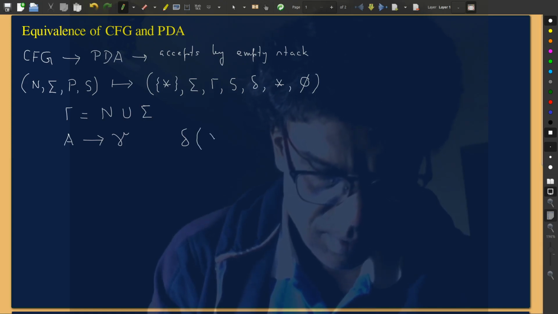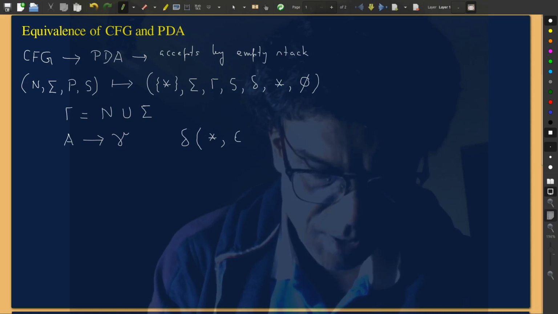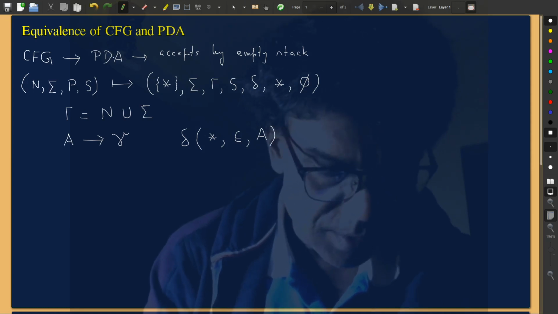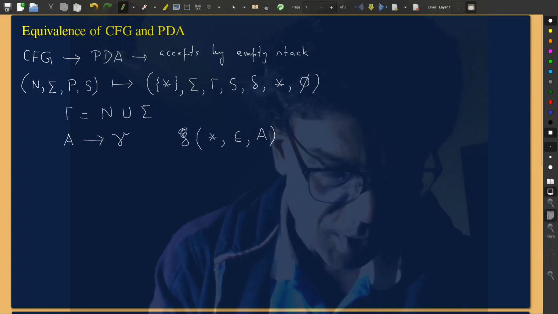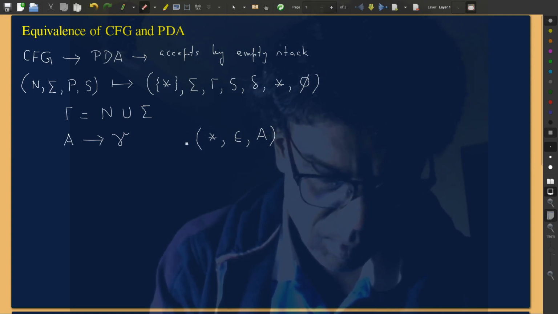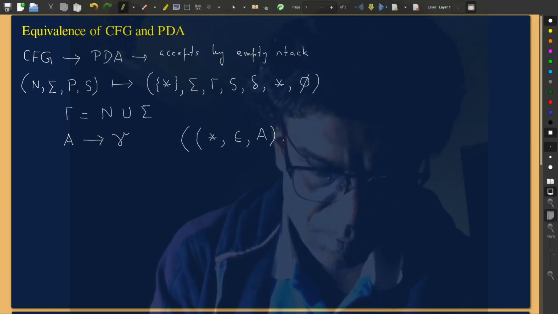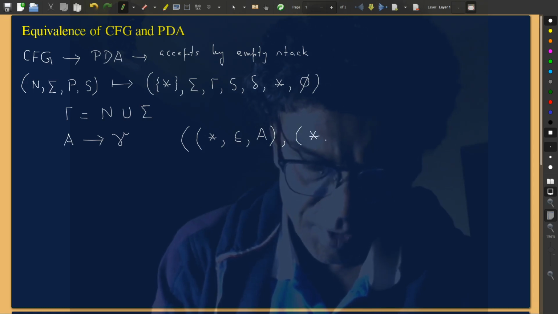The state is always star. I consult nothing from the input and I look at A at the top of the stack. Then this machine will continue to stay in state star because this is the only state.